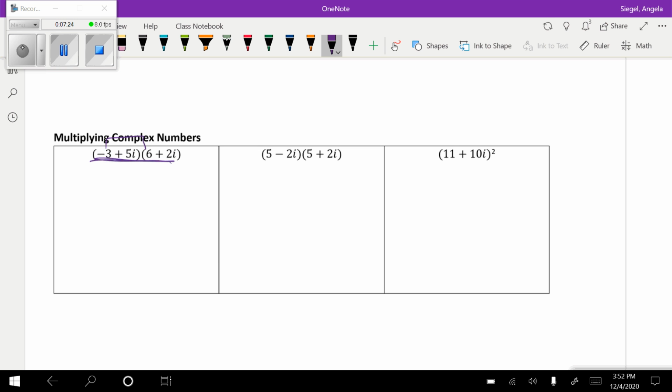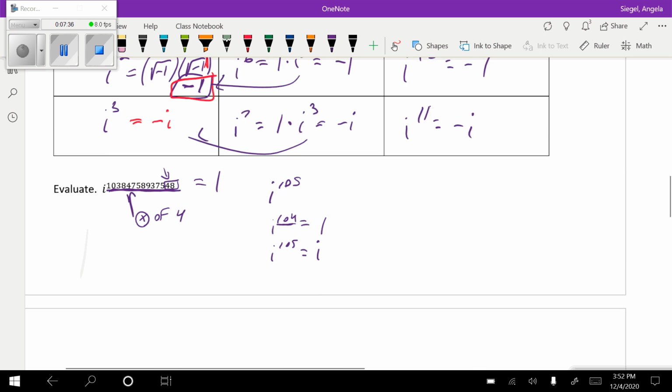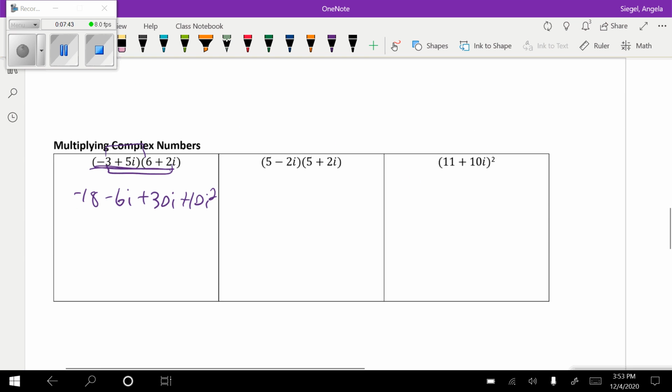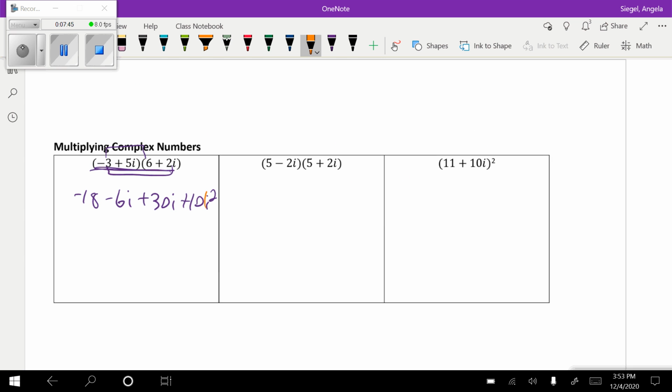So let's see, I have -18 minus 6i plus 30i plus 10i squared. So remember what I said about i squared right here. Anytime you have i squared, that's -1. So I know that this is now -1.